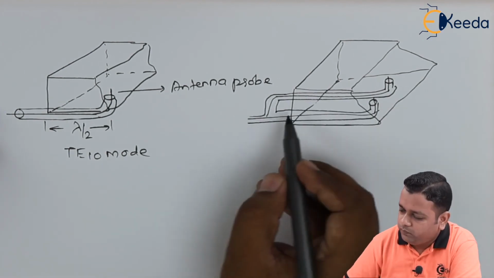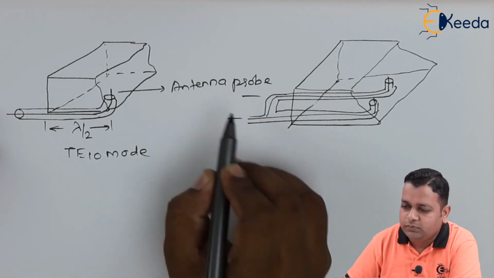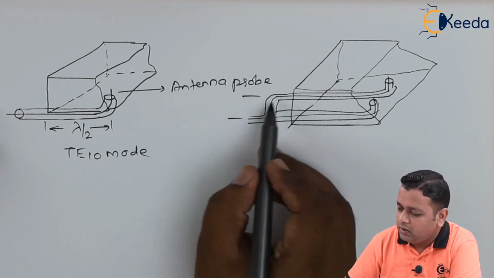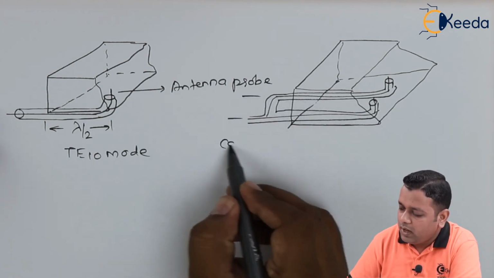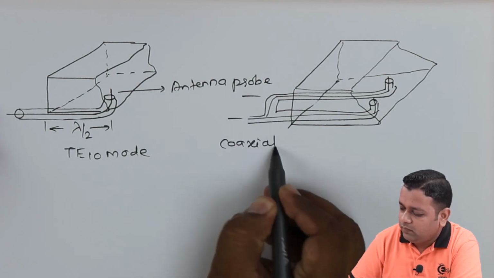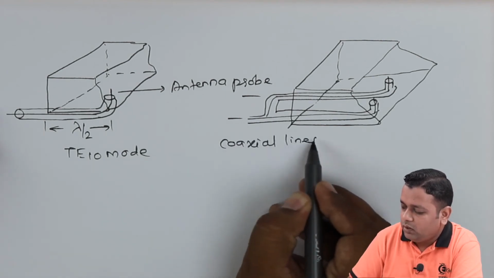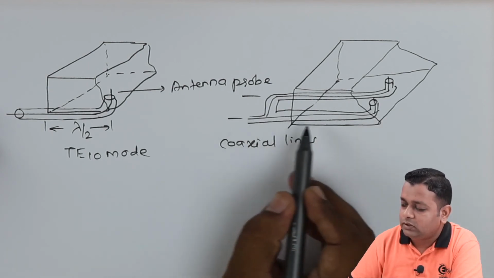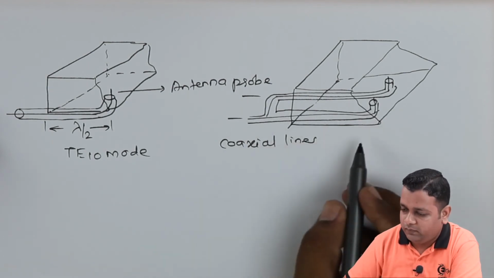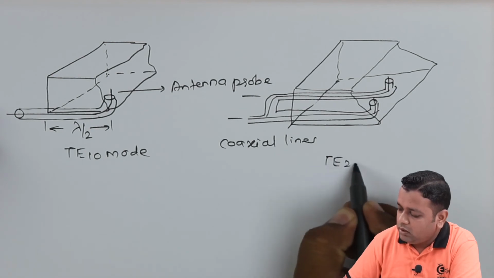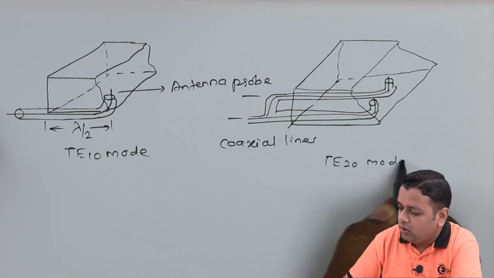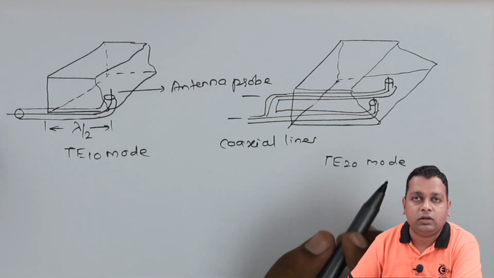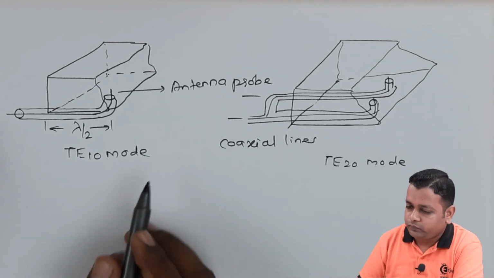This has a certain specific dimension, and these are nothing but the coaxial lines that have the probes or monopoles inserted inside the cavity wall. So this is for the TE20 mode of excitation in the rectangular waveguide.